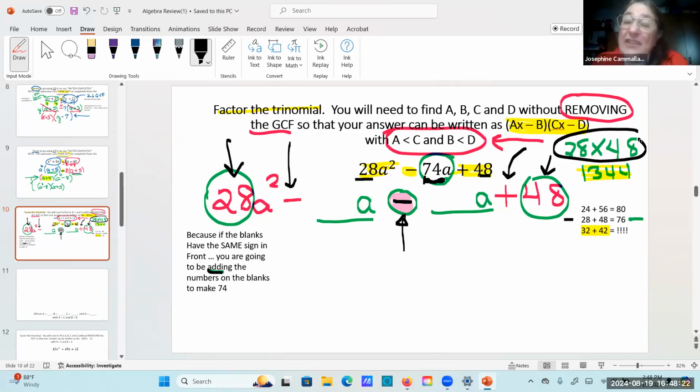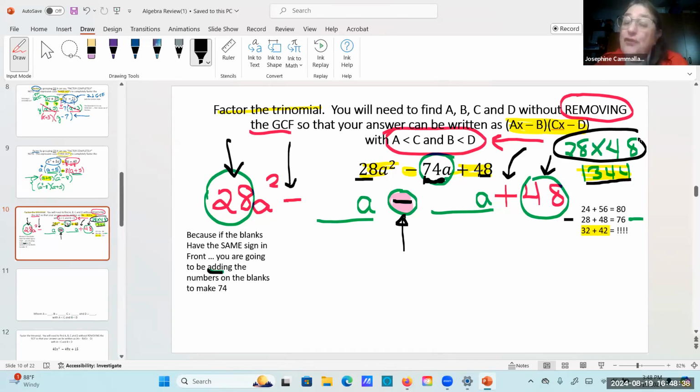Then I take this number, 1,344, and using my calculator, I hit 1344 divided by 24.